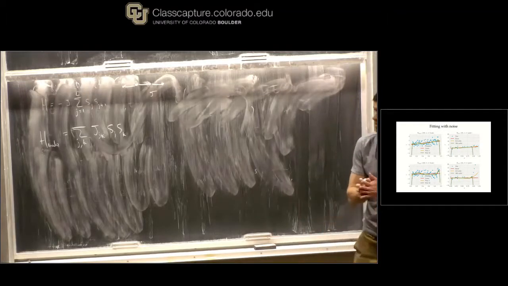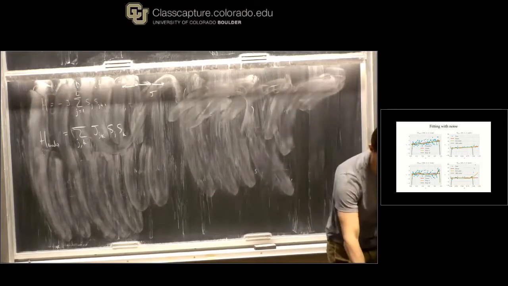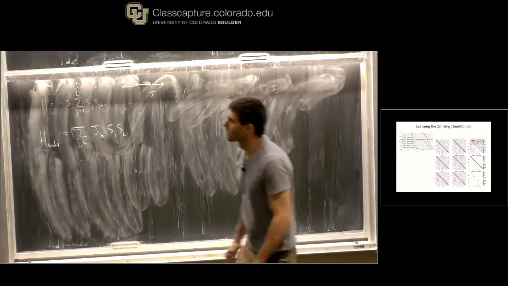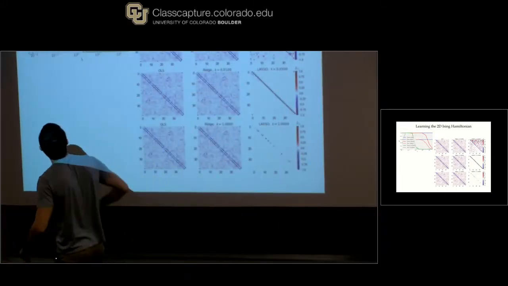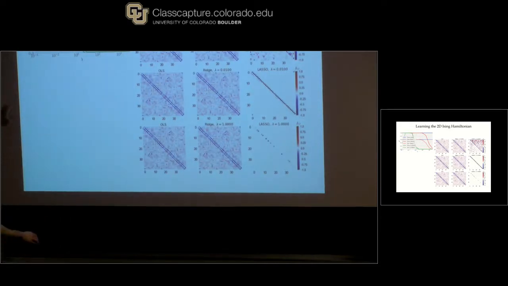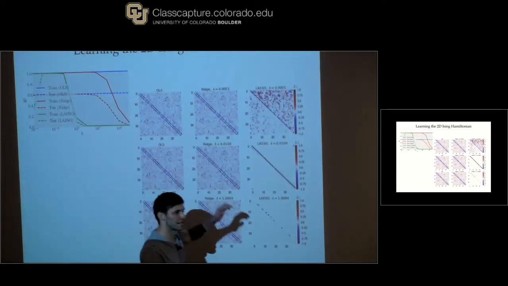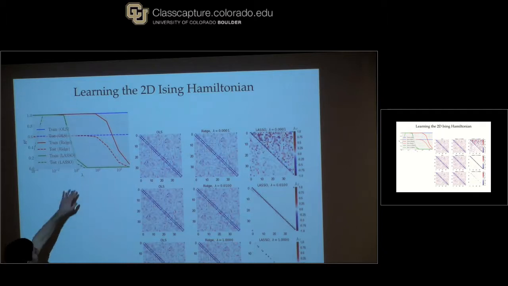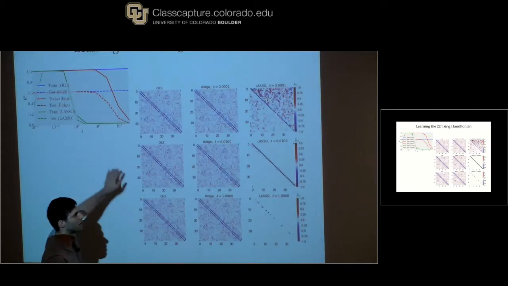And I want to do this with ordinary linear regression, and then I want to see what happens when I put the different regularizers on. I apologize for the legend on this plot, but here what I'm plotting is the degree of accuracy in predicting the energy on test samples when I do different methods, and I choose different values of this parameter that tells me how much I care about my prior term.